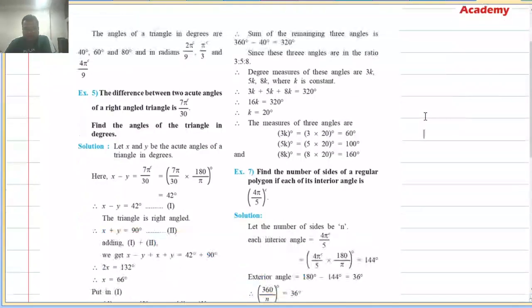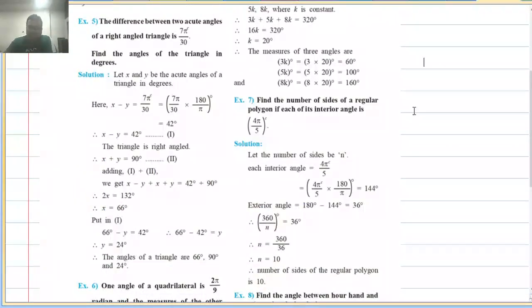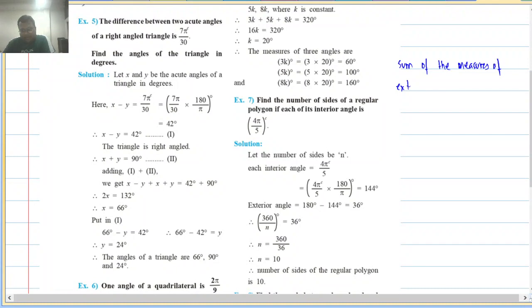Let's look at example 7. Find the number of sides of a regular polygon if each of its interior angle is 4 pi by 5. Now I have a very interesting solution for this. You have to understand that sum of the measures of exterior angles of a regular polygon is 360 degrees.